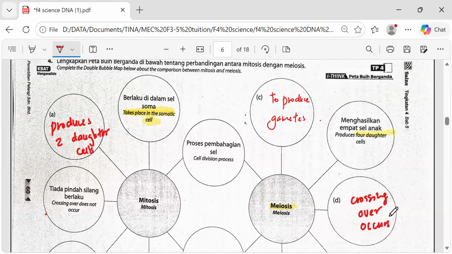Look at your one on top for meiosis. Can you find out in which stage meiosis happens? Meiosis 1 or meiosis 2? Can you look at it and see? Look through your meiosis and tell me, does it happen in meiosis 1 or meiosis 2?